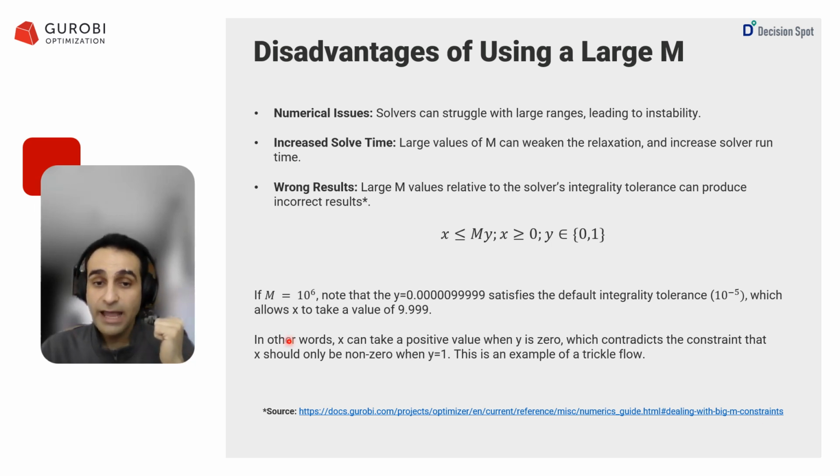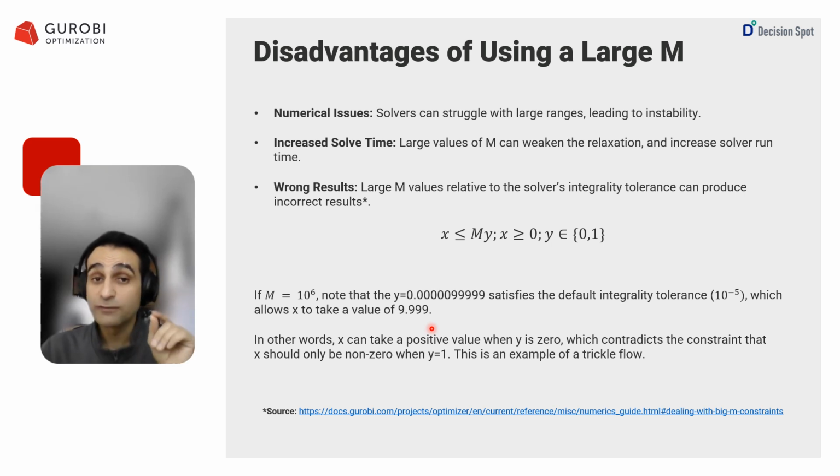If here M is equal to 10 to the power of 6 and the integrality tolerance of the solver is set to the default value of 10 to the negative 5, then this value of y, which is 0.00009999, is considered valid for a binary y because it satisfies the tolerance. As a result, x could take a value of 9.999 even though y is technically supposed to be 0. This completely contradicts the logic that x should only be non-zero when y is equal to 1.